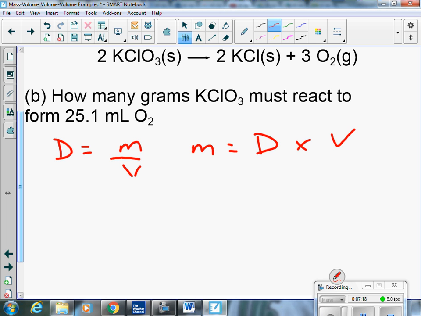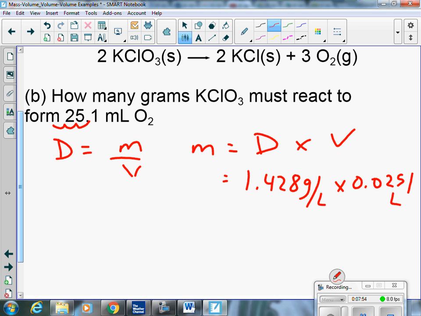My density was 1.428 grams per liter, right? Now, here's the thing. I need to convert my milliliters to liters, right? How do I do that? I take my decimal and I jump it 3 places to the left. So I multiply that by 0.0251 liters.